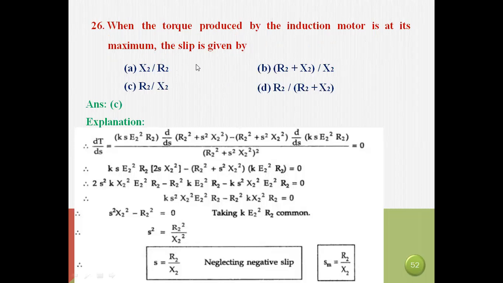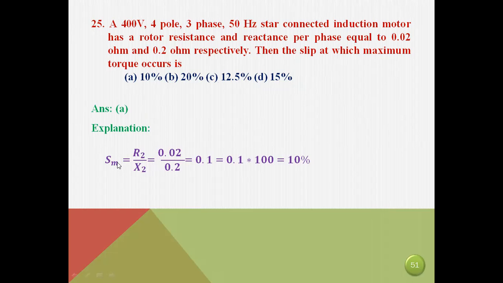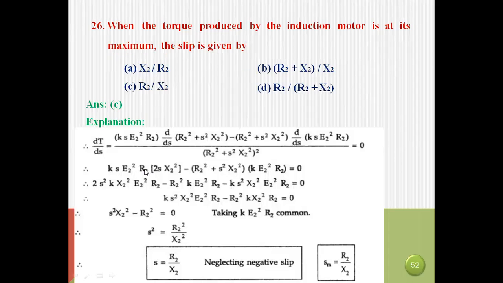Now, there is a question like: when torque produced by an induction motor is maximum, what is the slip? What equation are we using? Maximum slip is nothing but R2 upon X2, so you are supposed to write R2 upon X2. If you want to solve, you can.